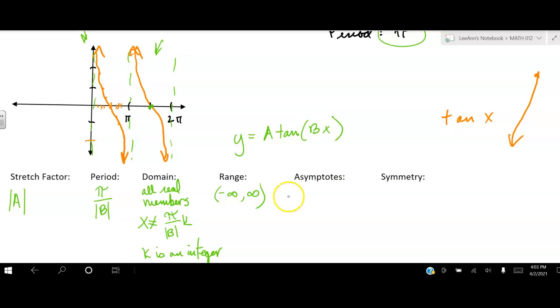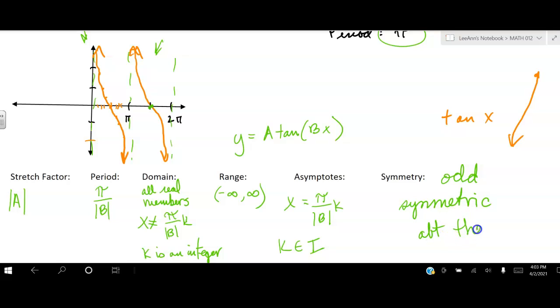The asymptotes are at x equals pi over the absolute value of b, k, where k is an integer. Symmetry, cotangent is an odd function, so it's symmetric about the origin. All right, and that sums up the cotangent.